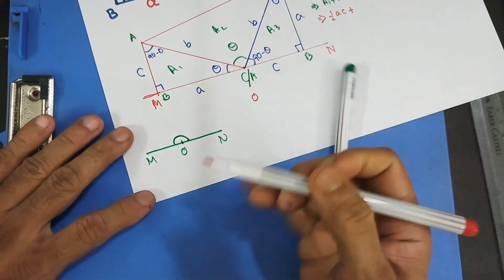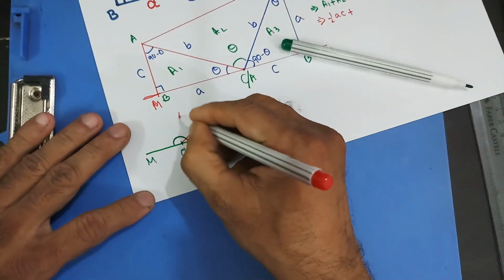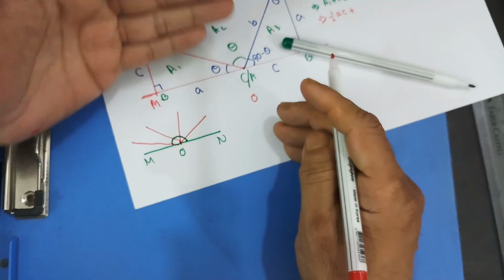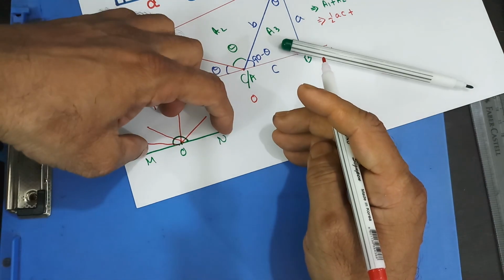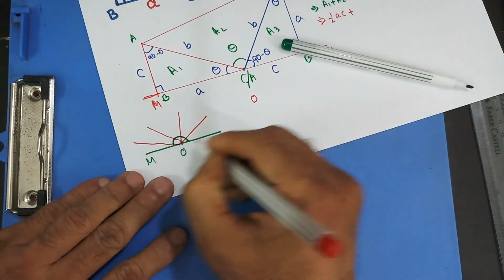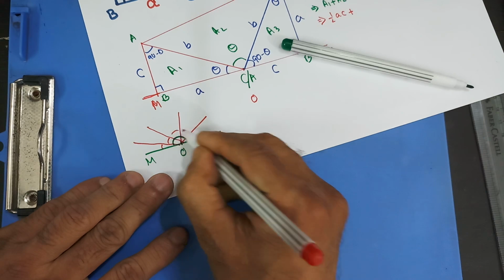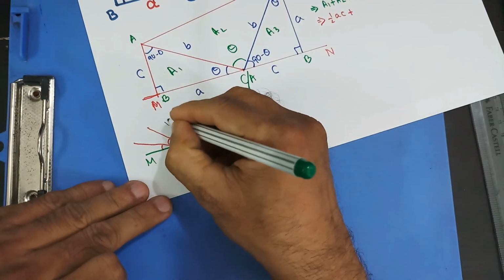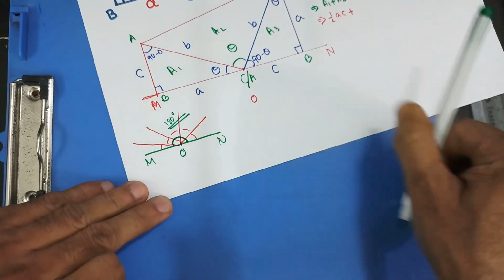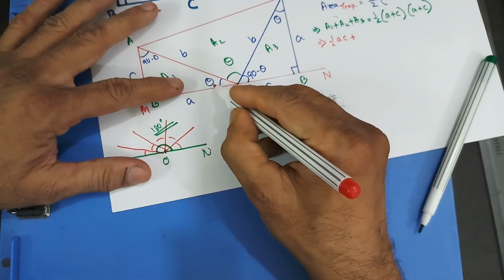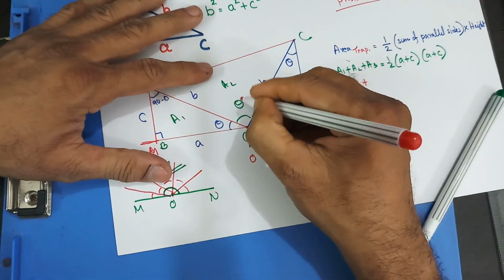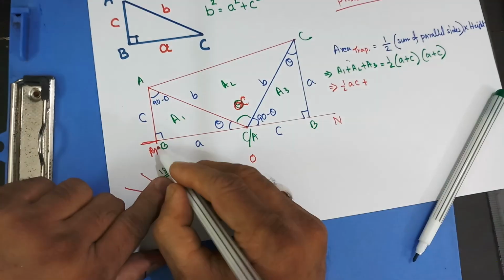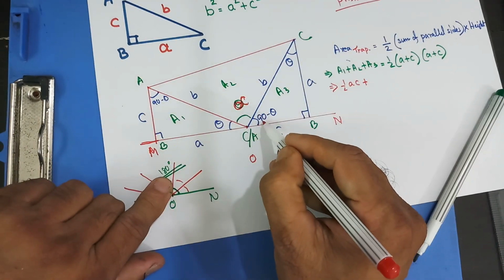So doesn't matter how many angles you draw on one side of the straight line or horizontal line, in this case horizontal line, every angle that you draw, if you take the sum of all of them, that sum has to be equal to straight angle, that means 180 degree. Now in this case, I have this theta, I'm gonna take this one alpha. Okay, so this is the horizontal line, and this MON, this is 180 degree.